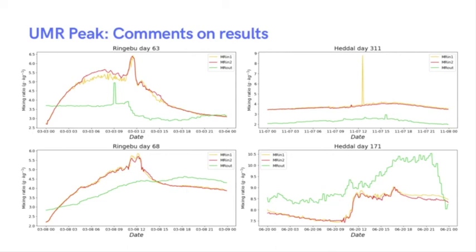While for the Heddal day number 171 it is very difficult to tell just by sight, and in day 311 we can see there is an error in the measurement of the first internal sensor.